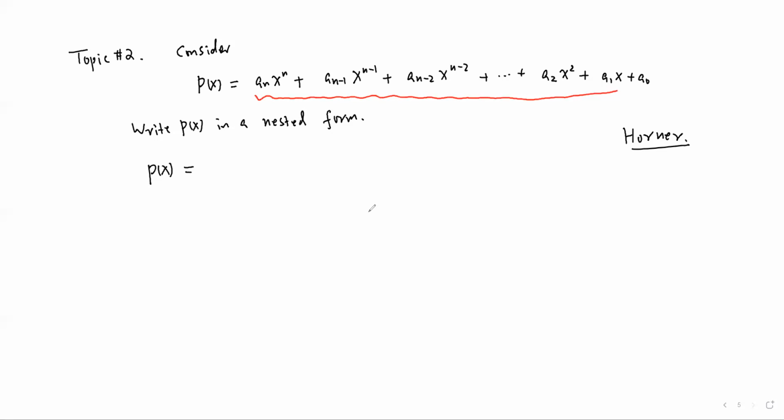We can see that x is a common factor. Factor x out. Then we have a_n x^{n-1} plus a_{n-1}x^{n-2} plus a_{n-2}x^{n-3}, because one x is out.